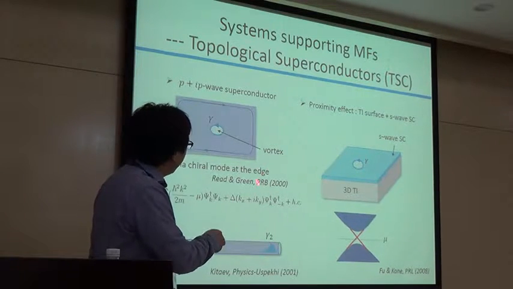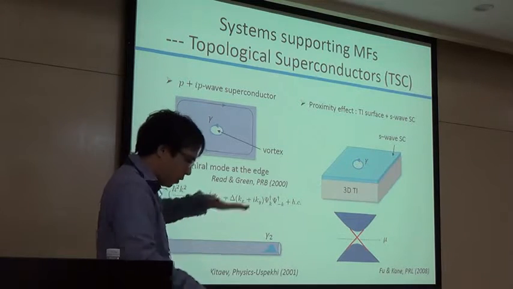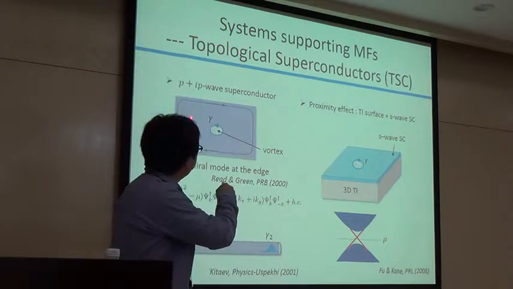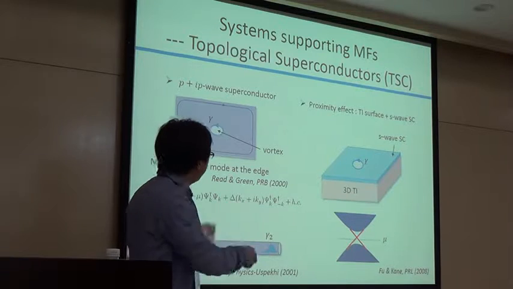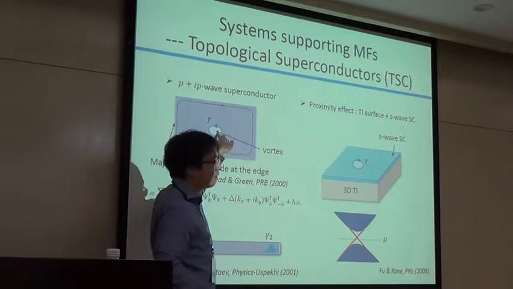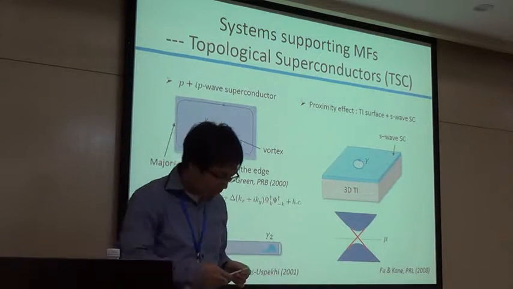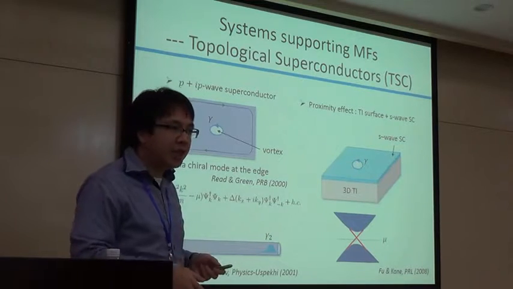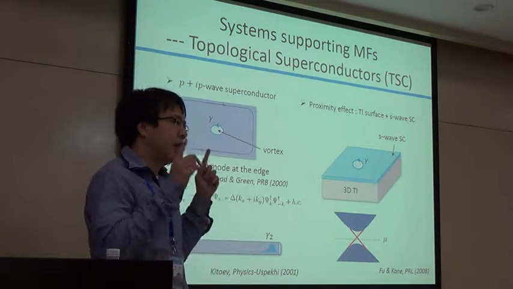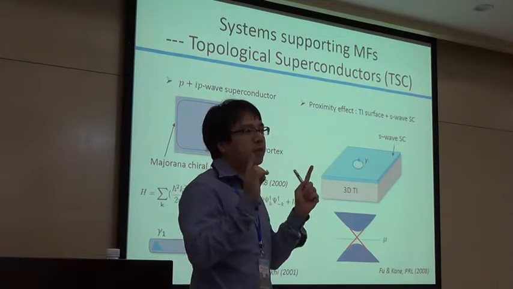And then you find that with this kind of superconductor at the right regime, with the right chemical potential, you have actually Majorana fermion. If you create a vortex in this superconductor, you have a localized Majorana at the vortex core. But the key is that you need only one.